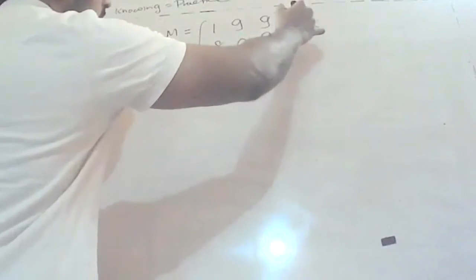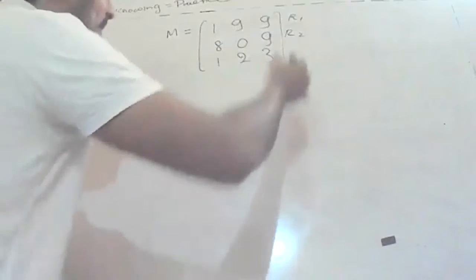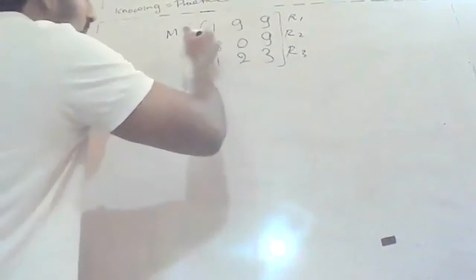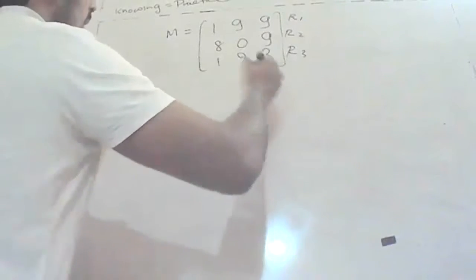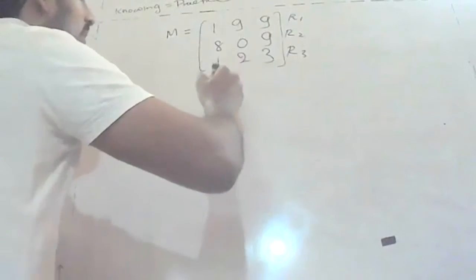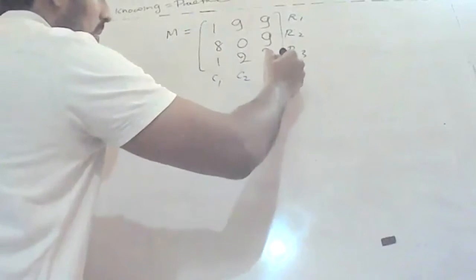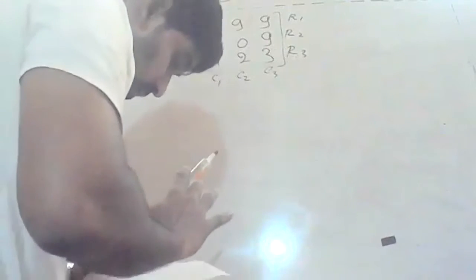This is row number 1, row number 2, and row number 3. Rows are going like this, and this is column number 1, column number 2, column number 3, right?